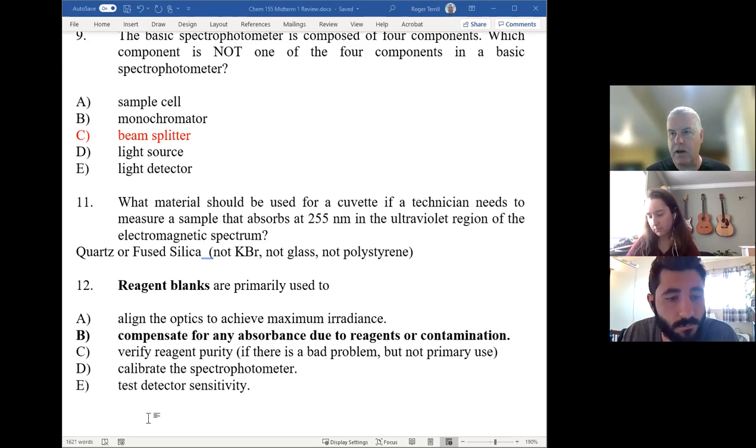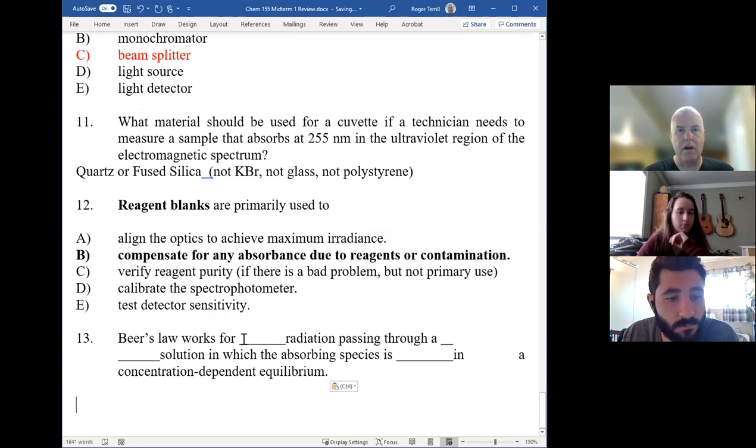Let's do Beer's law here. Beer's law works for monochromatic radiation passing through a dilute solution in which the absorbing species is not in a concentration dependent equilibrium. I would say the blank one is monochromatic because it modifies radiation, right?